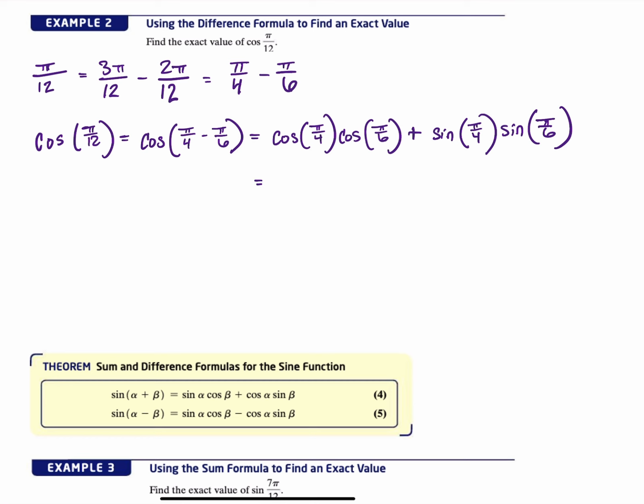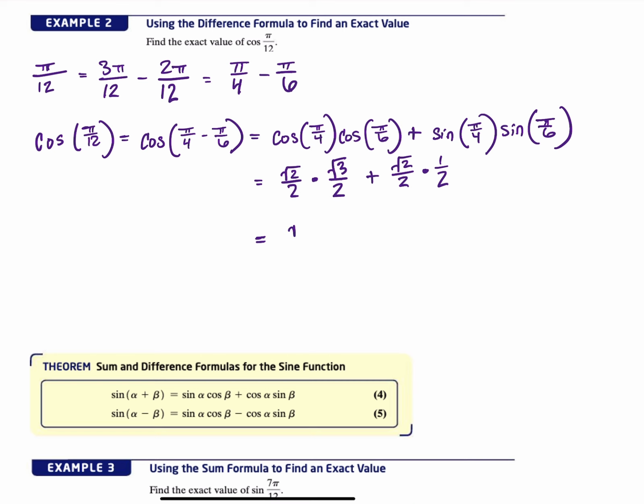So cosine of pi over 4, that's root 2 over 2. Cosine of pi over 6 is the square root of 3 over 2. Then plus sine of pi over 4 is root 2 over 2. Sine of pi over 6 is 1/2. So we're getting pretty much the same result as last time, except we have a plus instead of a minus.